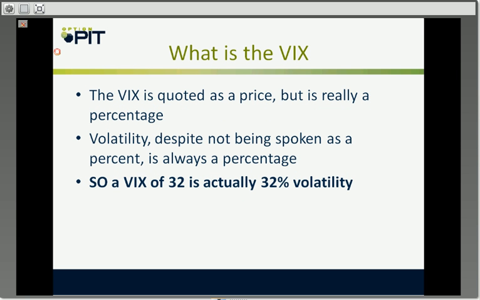The VIX is actually quoted as a price, but is really a percent. Volatility, despite not being spoken, is a percent. So if I say the VIX is 14.5 today, then that's actually 14.5%.